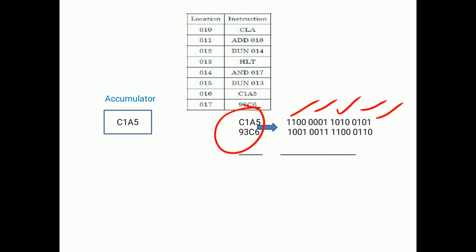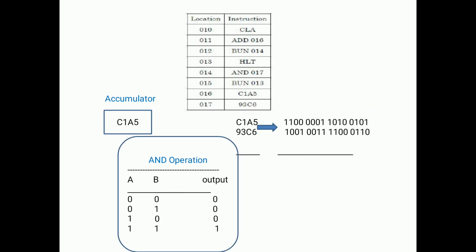Next is 93C6. After converting it into binary, we get 1001, 0011, 1100, 0110. Now we have to perform the AND operation. So recall the AND operation: in case of AND, if both bits are 1, then we get 1 in the output.